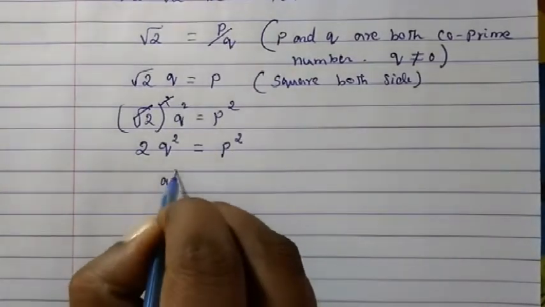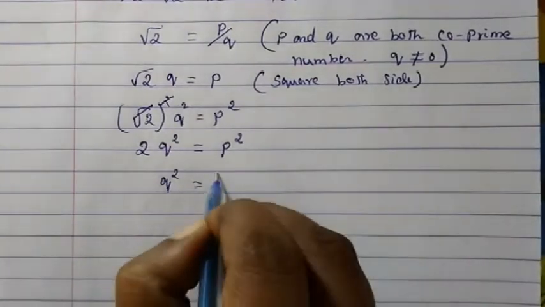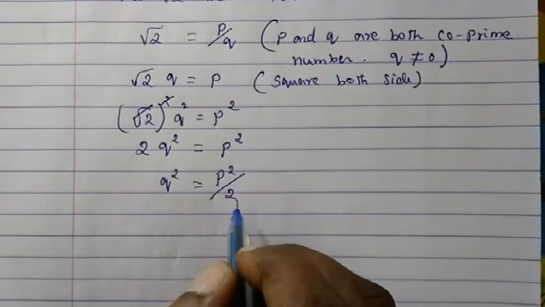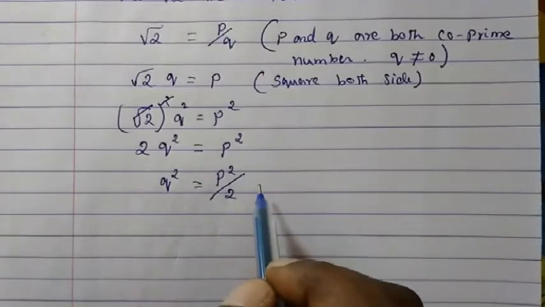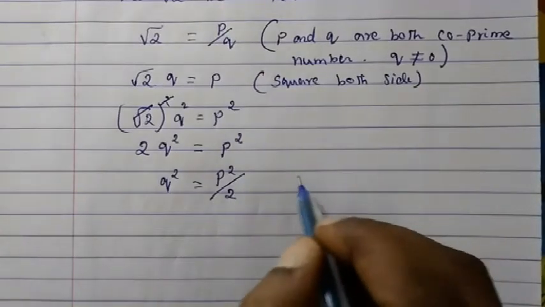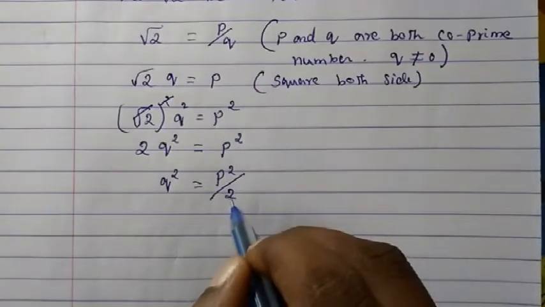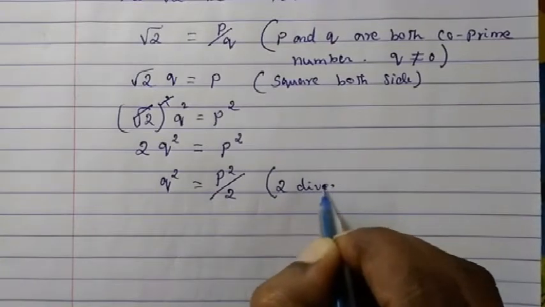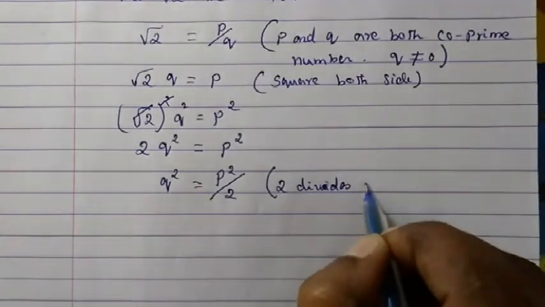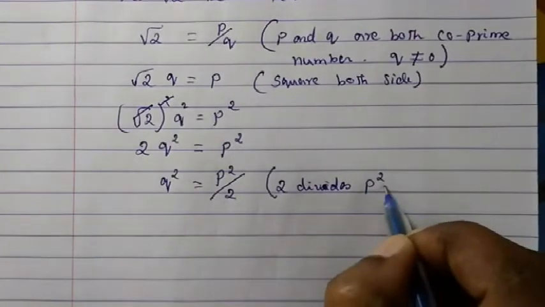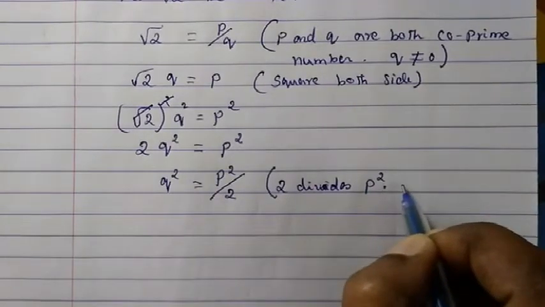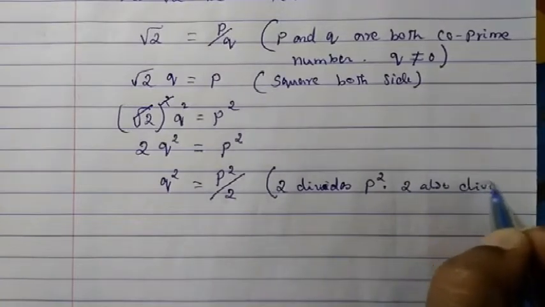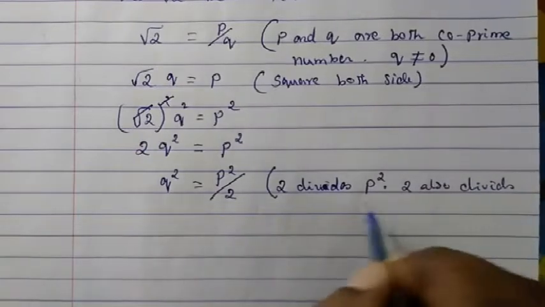Now let's keep q squared here only and bring this to this side. And then what can we say about it? Can we say that 2 divides p squared, which means 2 also divides p?